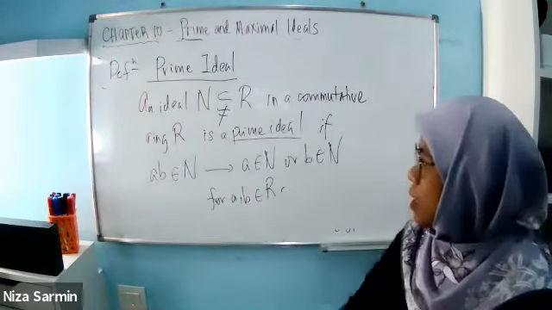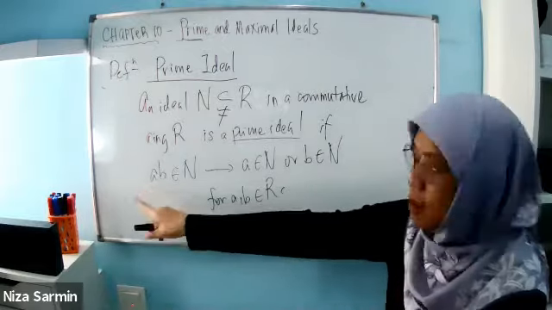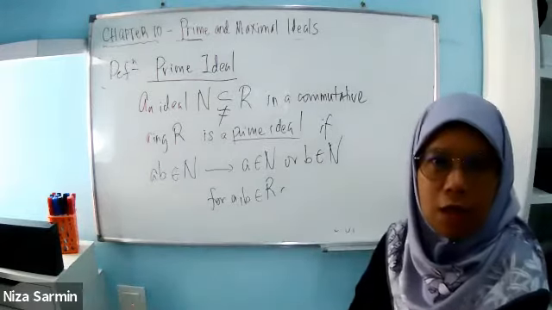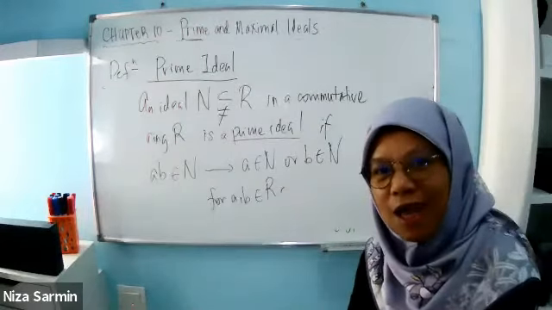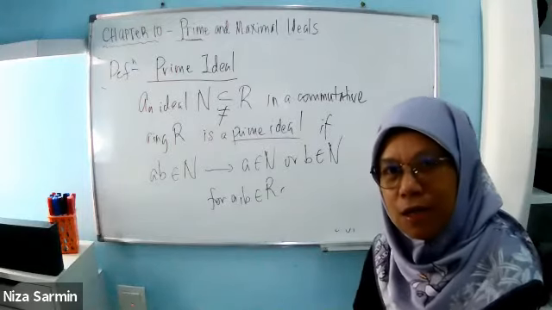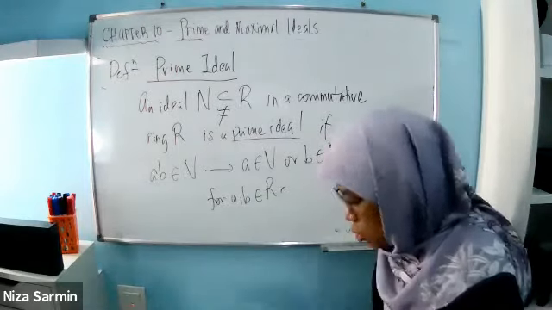Okay, so if A is not in N and B is not in N, you cannot multiply to get it in N. That is another way to look at it. Okay, so this is called a prime ideal.